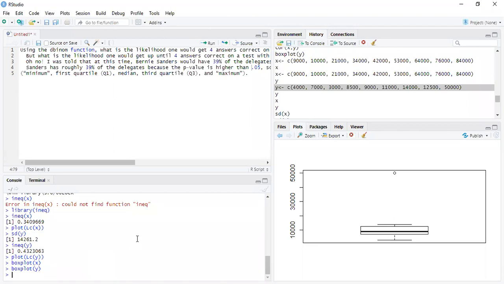Okay, so another thing we wanted to do here is understand the box plot. We did the standard deviation. We basically did the Gini coefficient. Now let's do the correlation coefficient.